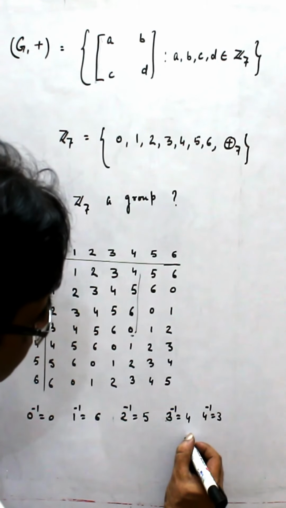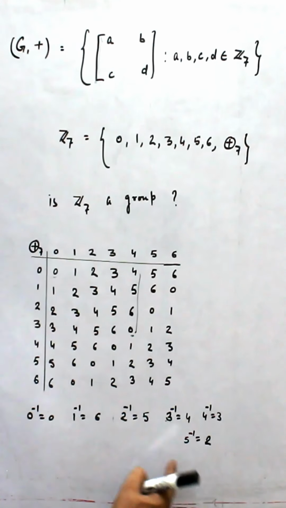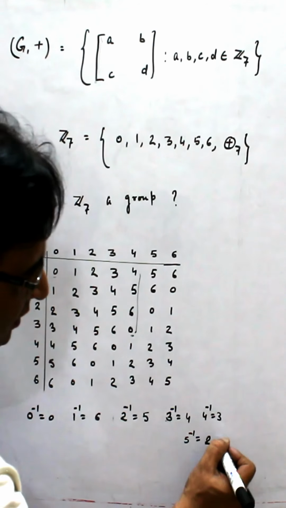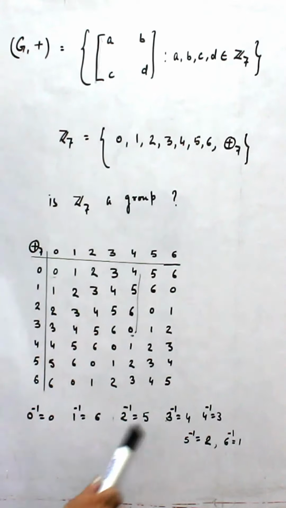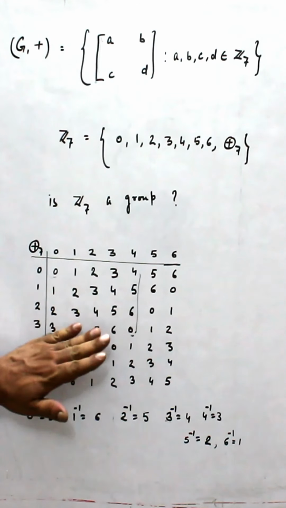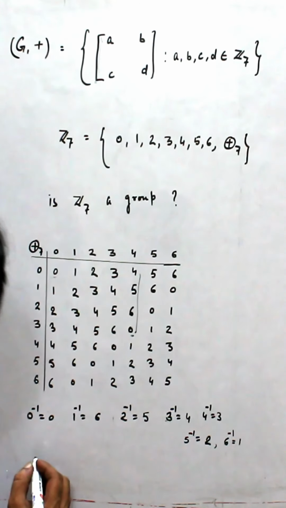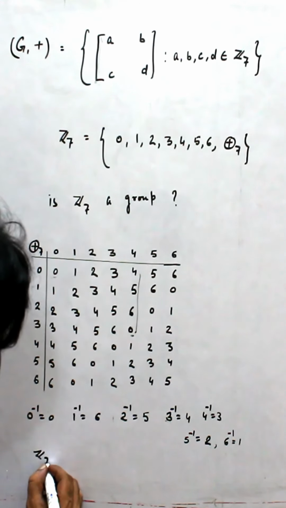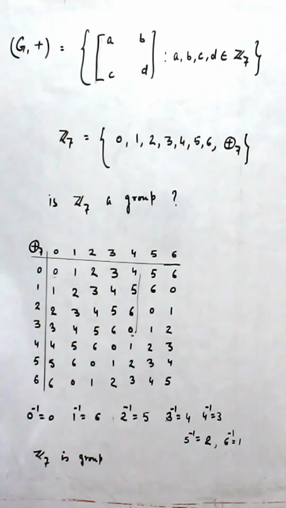Similarly, the inverse of 5 is 2, because adding 2 to 5 gives 0 after dividing by 7. Similarly, the inverse of 6 is 1. So each element has an inverse, closure holds, all properties are satisfied, and we can say Z7 is a group.